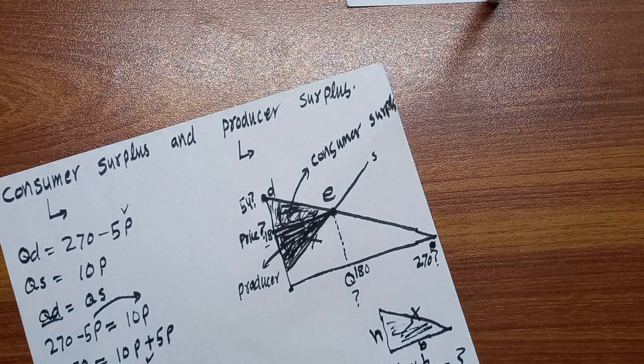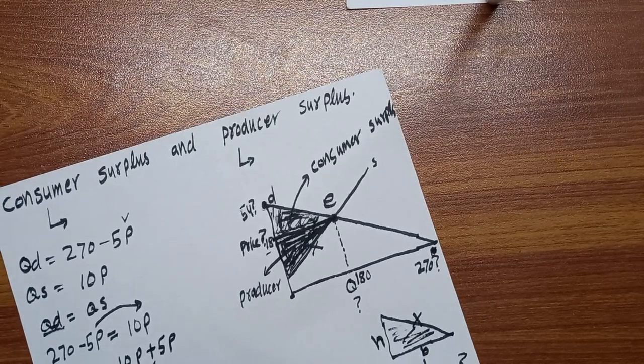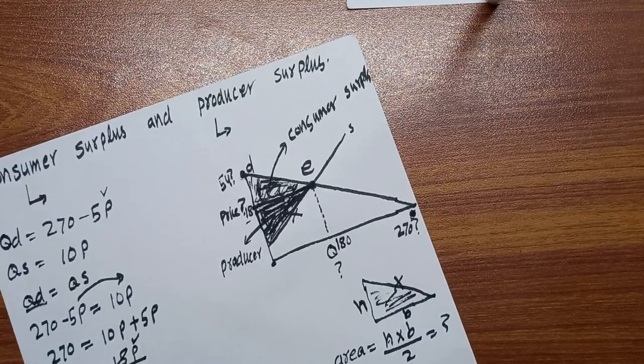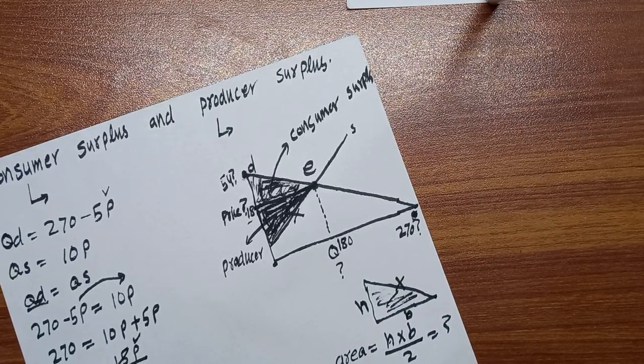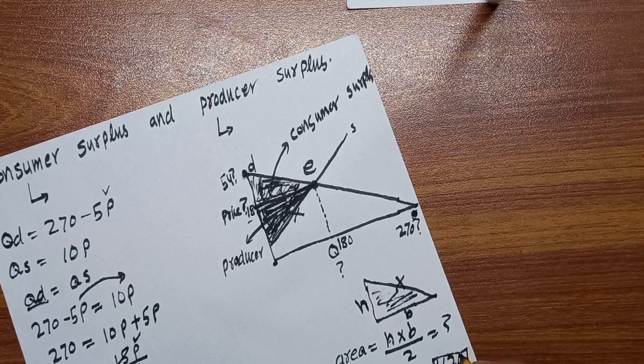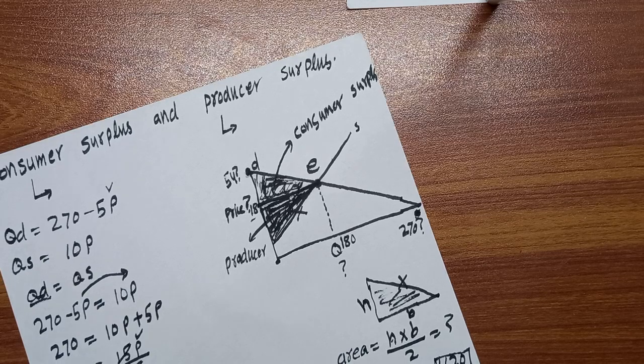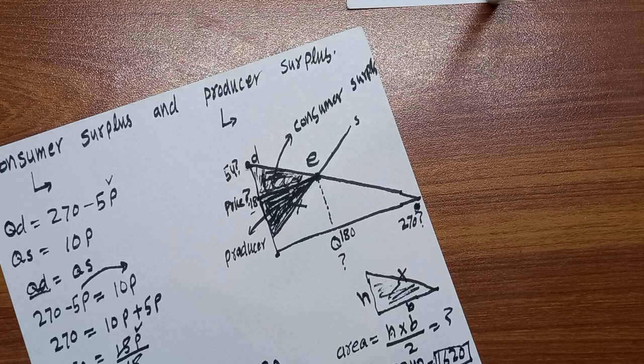Now we multiply 18 by 180, we get 3240, divided by 2 is 1620. So this is the amount which the producers are willing to accept to sell how much quantity? 180 units.